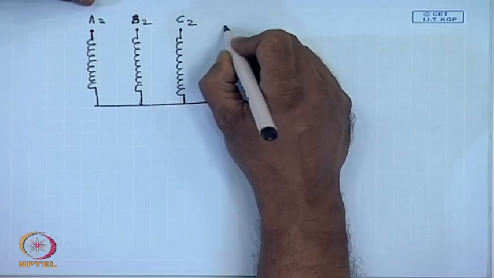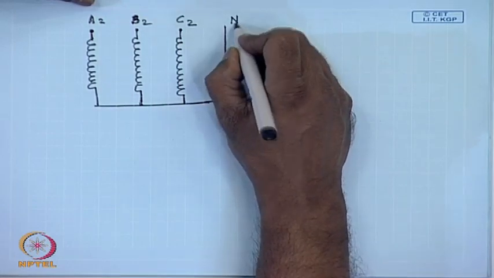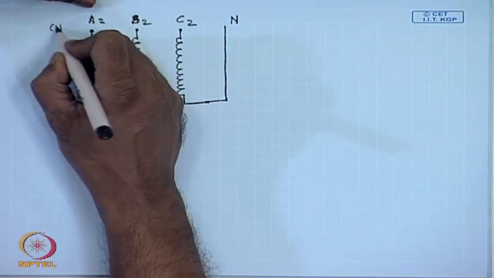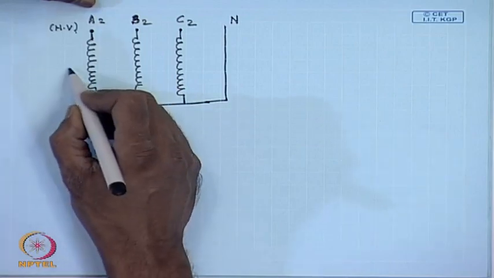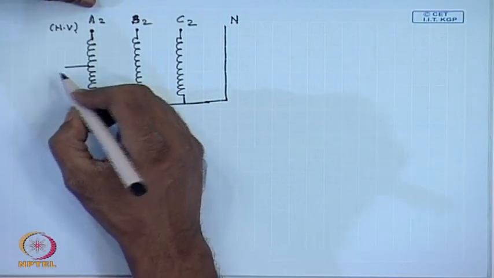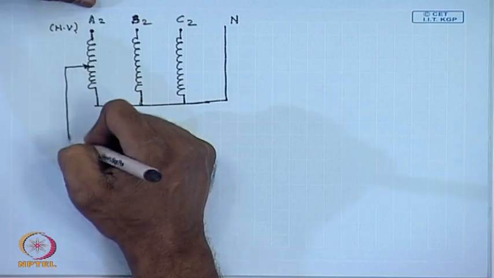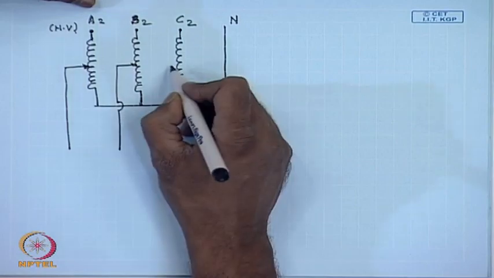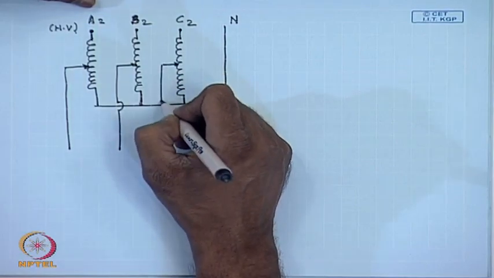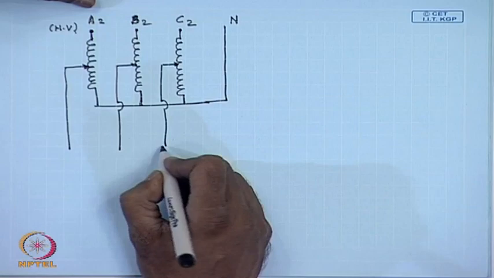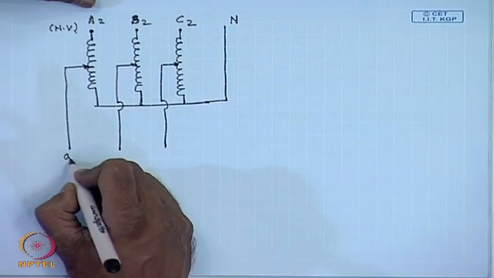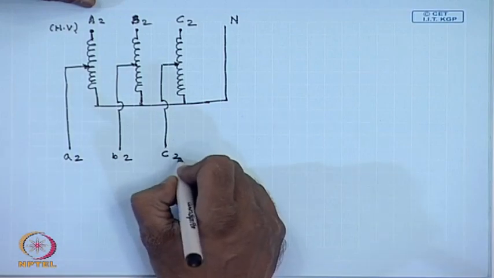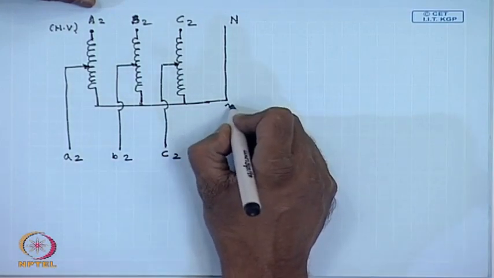This is the neutral connection, capital N. This is the HV side. We can very well have tappings on each individual winding and have terminals A2, B2, C2 and the same terminal as N.